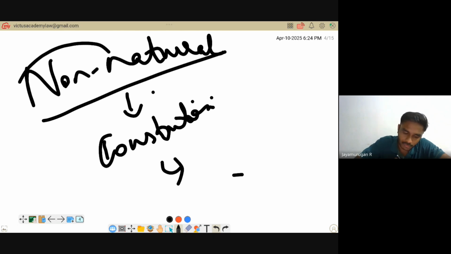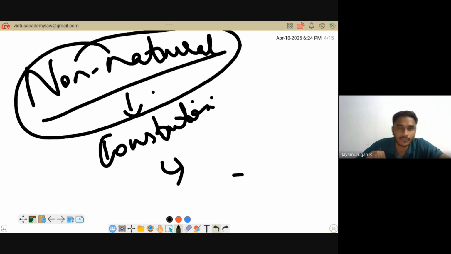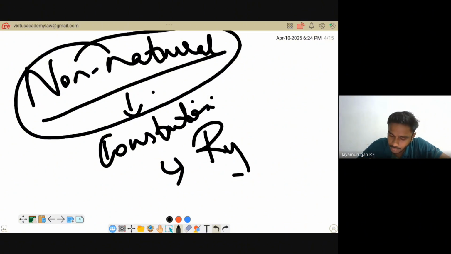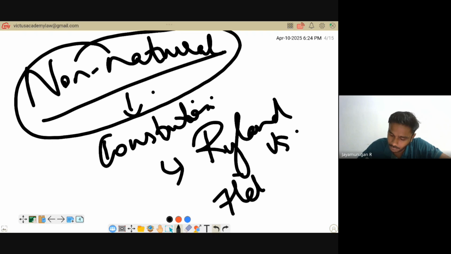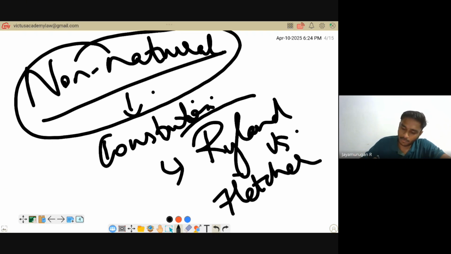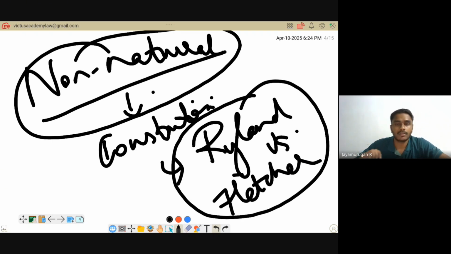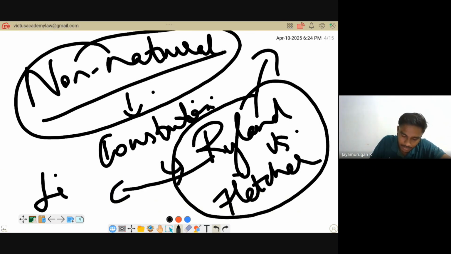So it also satisfies the third element. Hence, Rylands versus Fletcher is a perfect case of strict liability. So this is what the court observed and held Rylands liable.